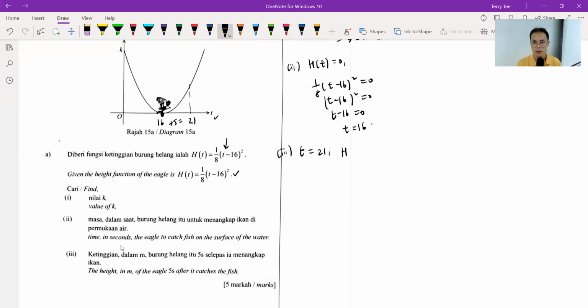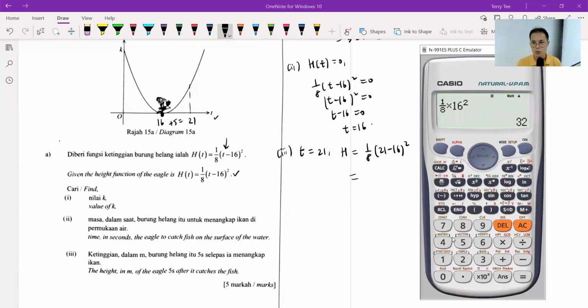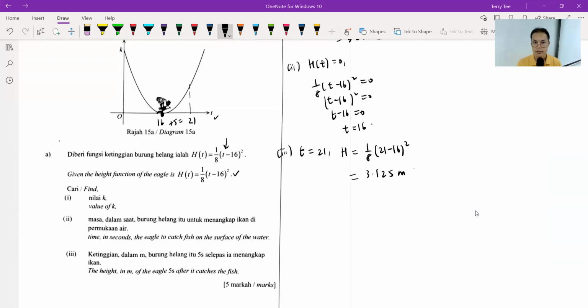Your height will be 1 over 8 times (21 minus 16) squared. So calculator again. In fact, 21 minus 16 is 5, right? Because it's 5 seconds after that, we can just put it like this. And my answer is 3.125 meters.